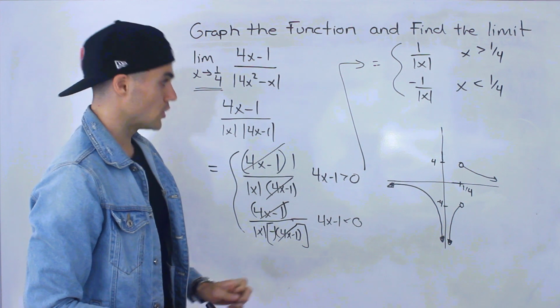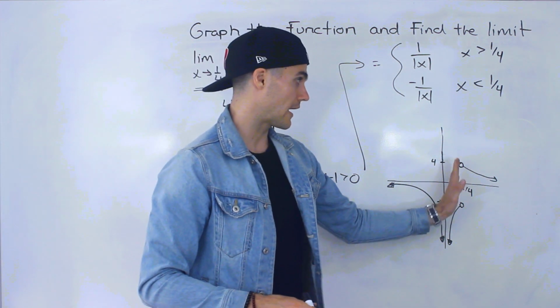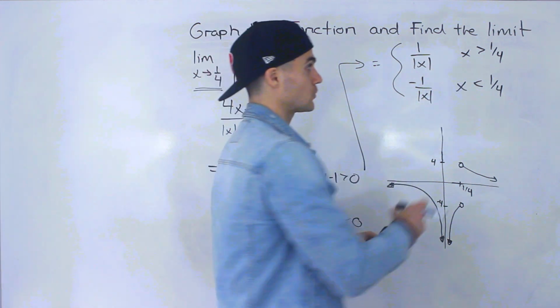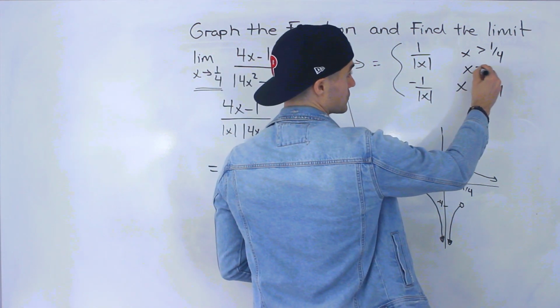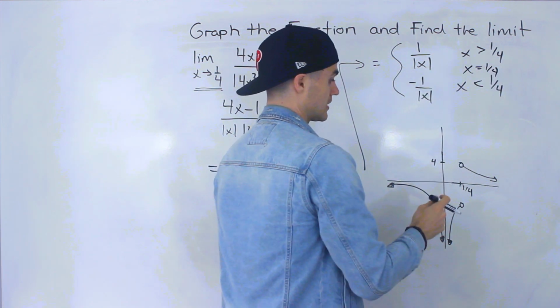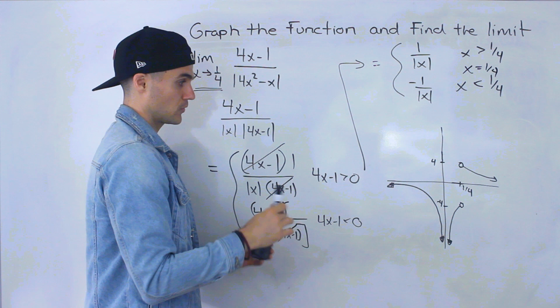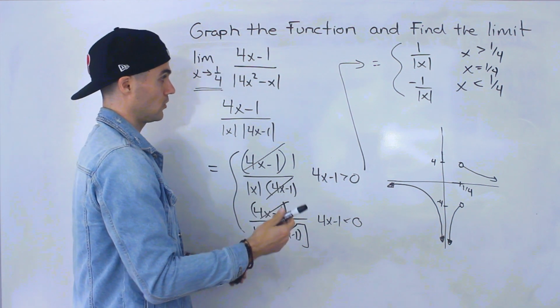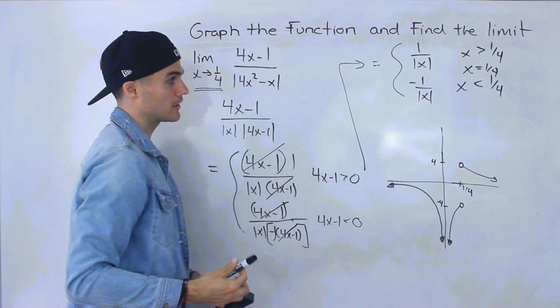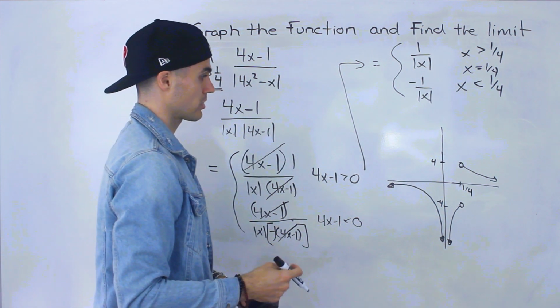And notice at that x value 1 over 4, it's not defined. That's why I don't have an x equals 1 over 4. We could put an x equals 1 over 4 here, but we would just put undefined over here. Because remember, at that x value 1 over 4, it's going to be a hole, right? Because the numerator, as we mentioned, is going to be 0, and the denominator is going to be 0.